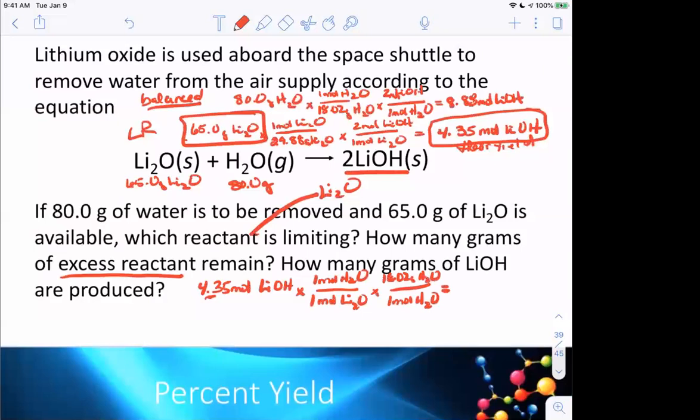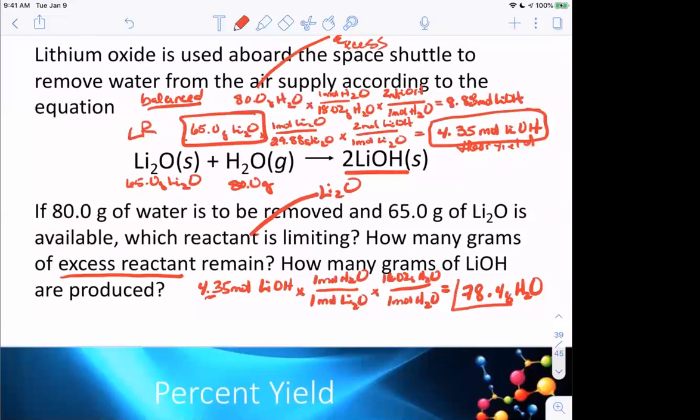So in this reaction, I know that I consume 78.4 grams of water. So I didn't quite get to 80, right? I have excess water. My water is excess. But I got pretty close. So this is excess.